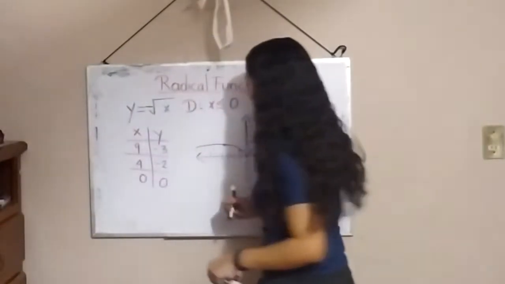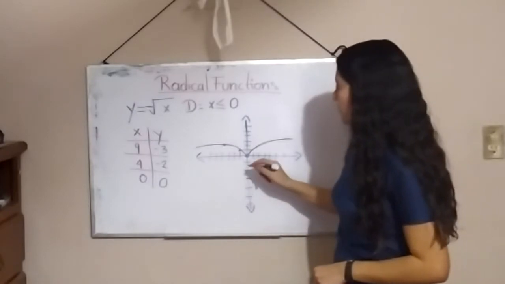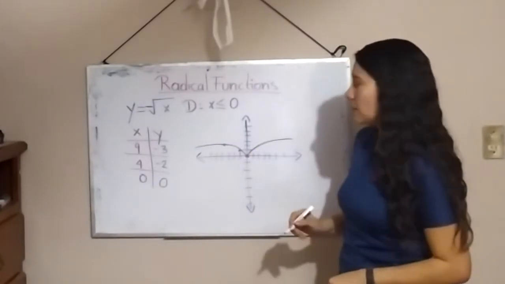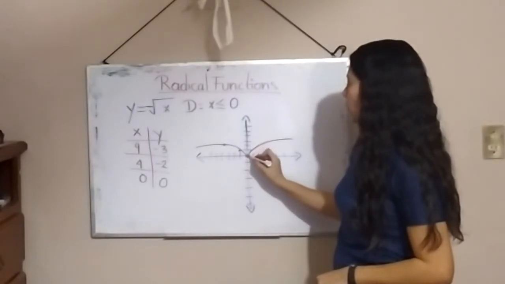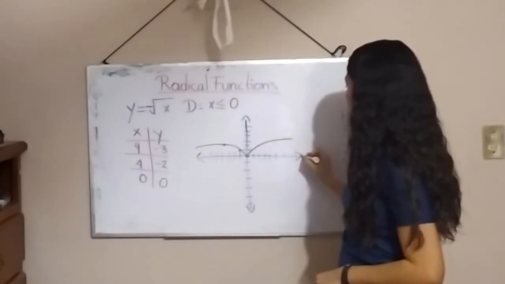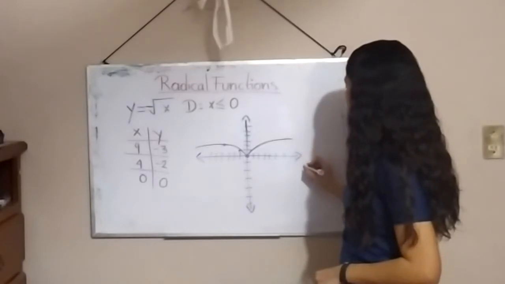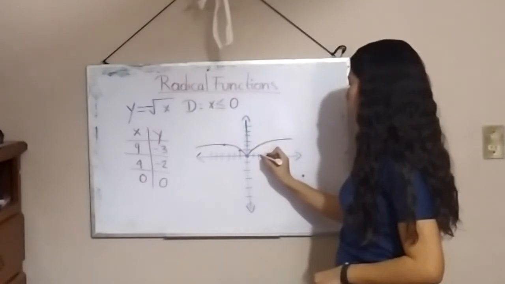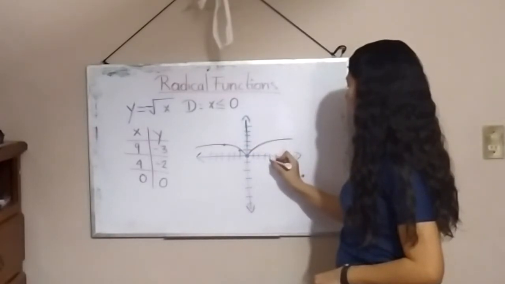Let's graph it. We again start with 0, but this time we are going to go to 9 positive in x and negative 3 in y. Now, 4 positive in x and 2 negative in y.